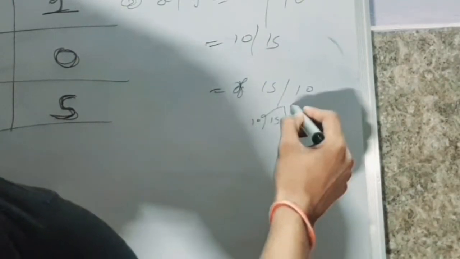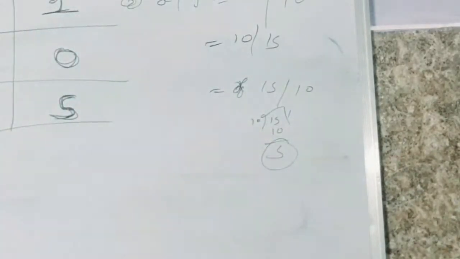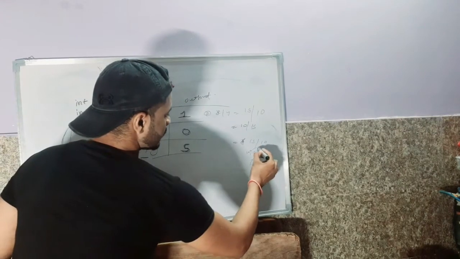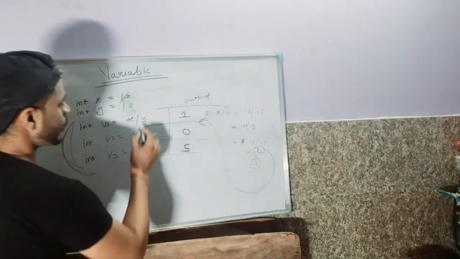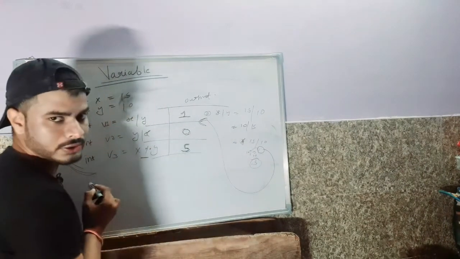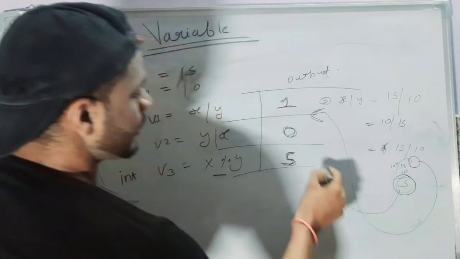Hope you understand. The quotient is 1. From this division we get the quotient, and 5 is the remainder.